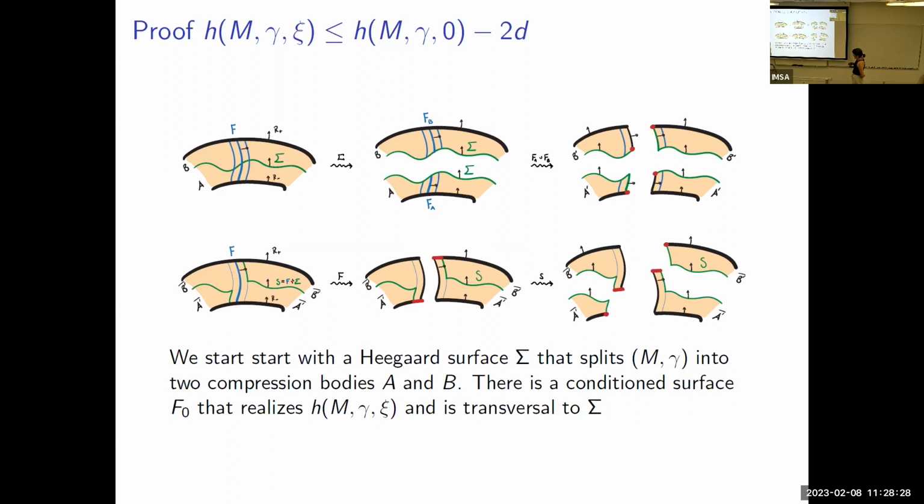By the previous results I mentioned, we know that there is a conditioned surface that realizes the circular handle number. But given a second homology class, there is a conditioned surface that realizes the handle number, and it's transversal to the Heegaard surface.